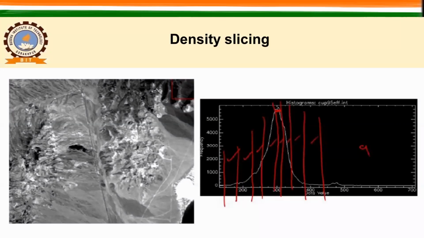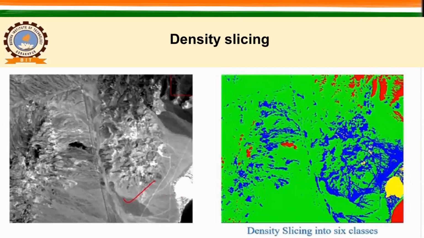You can do that, but provided you have some objective. You should know what your intention is, what your application is, and what information you require from this remotely sensed image. Here is the density slicing of this image, and I have used 6 classes. For the same image, depending upon my application, I have selected some value ranges, and this is the result, right?